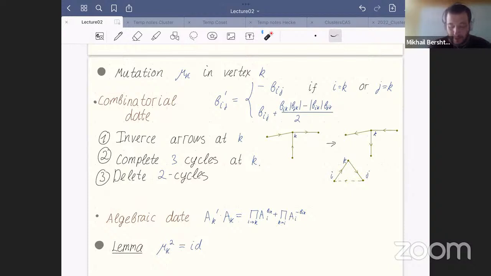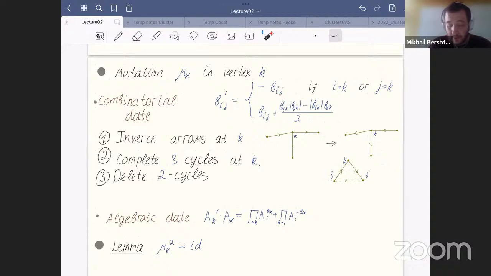First, let me explain the transformation of the combinatorial data. It is written in terms of the matrix. So we have a new matrix which I denote B prime, and for the rows and columns with number k, we just change the sign.